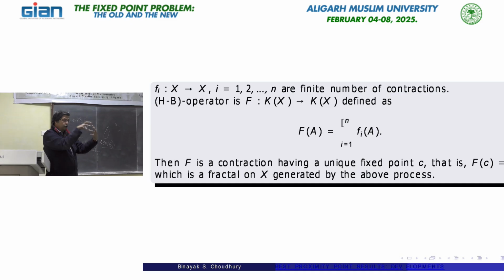But if I look into the circle, disinterested in what has happened with the particular Fi's, then I will see that the circle has not changed. I will see that there is a self-similarity in the whole thing if my viewing is through F. This is actually the crux of the Hutchinson-Barnsley theory, a very famous theory for generating fractals, HB theory, and it has many, many applications.